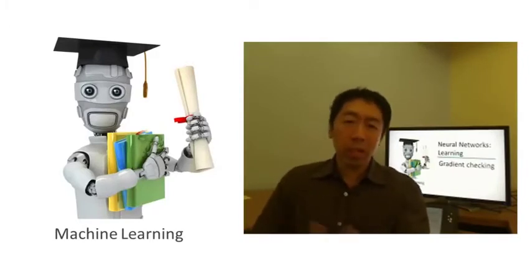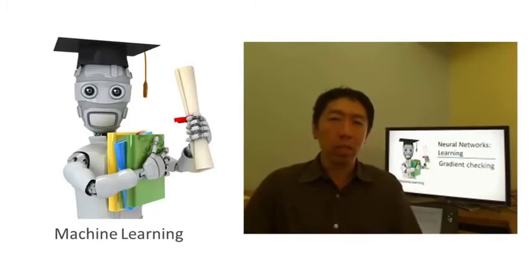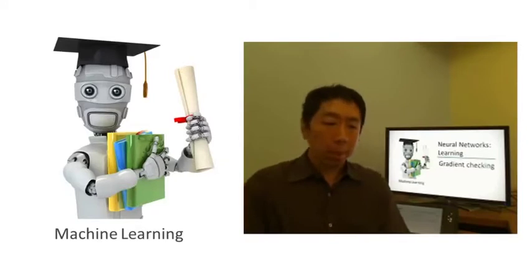In the previous videos, I asked you to take on faith that the formulas I gave for computing the deltas and the D's and so on actually do compute the gradients of the cost function. But once you implement numerical gradient checking, which is the topic of this video, you'll be able to verify for yourself that the code you're writing is indeed computing the derivative of the cost function J.